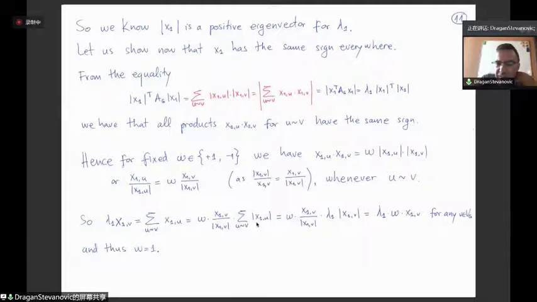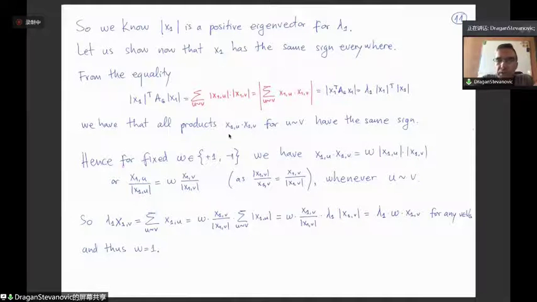Now, since the absolute value of x1 is an eigenvector, this sum will be just equal to lambda1 times the absolute value of x1v. And then it will cancel out, and we will have lambda1 times W times x1v. And when we compare it to lambda1 times x1v on the left, we know that now W must be 1.